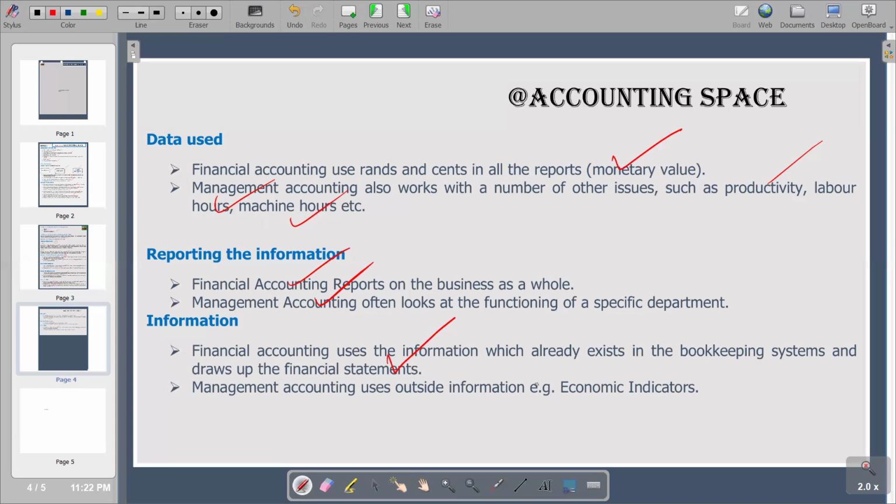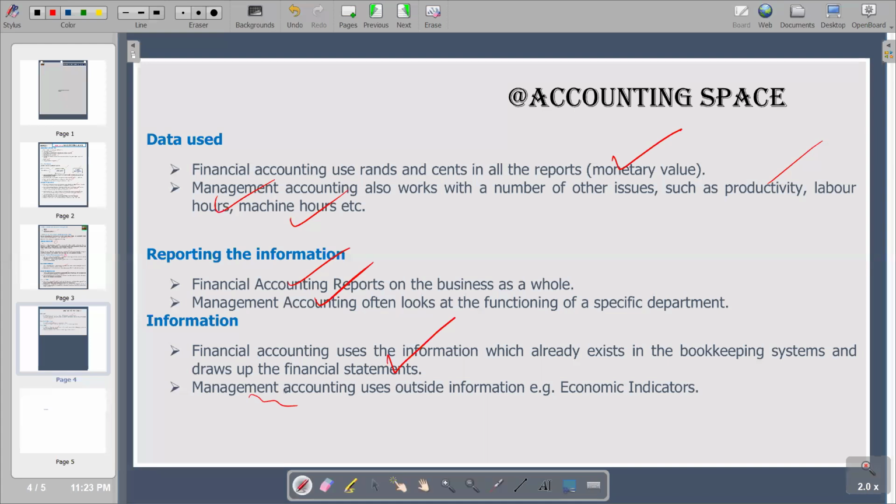Management accounting uses outside information, for example, economic indicators. So you see that management accounting is very extensive, as it looks at maybe trends of what is transpiring in the economy, external information. So we are seeing that under information, management accounting uses outside information. We're giving examples of economic indicators.